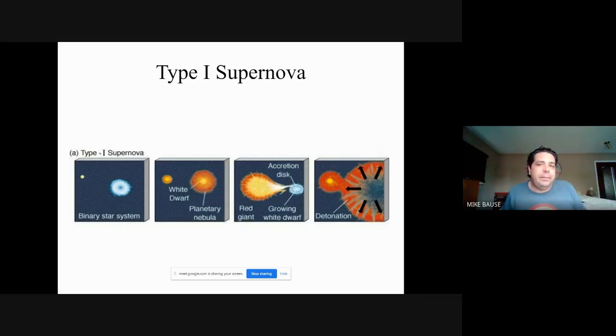We looked at the apparent magnitude, we looked at the absolute magnitude, and we were able to determine distance. This is the exact same thing, right? How bright does it appear from Earth? How bright is it actually? We know that because every type 1 supernova is the exact same. So type 1 supernovas are how we find the distances to other galaxies. That's why they're so important, and that's why I'm talking this long about it.